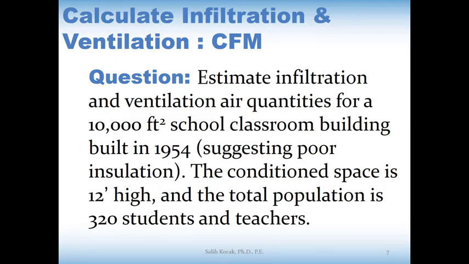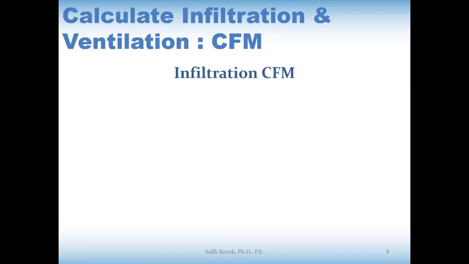But the very first thing we have to assume is 1.5 air changes per hour in wintertime, and 1.0, which is just 1 air change per hour, during the summertime. This is like the authorities' recommendation.